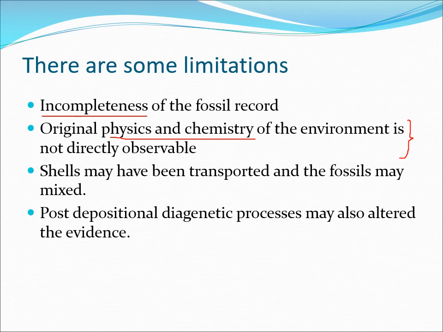That is called a time averaged assemblage, or the phenomenon is called time averaging. So whenever we go to interpret anything about the ecological conditions or the depositional conditions of a fossil assemblage, we must take care about these facts.